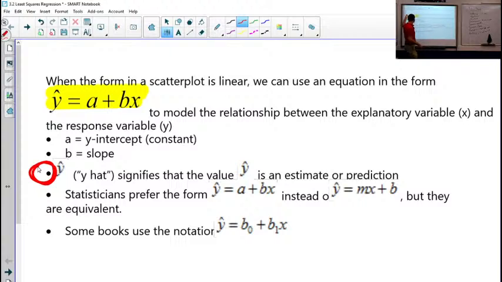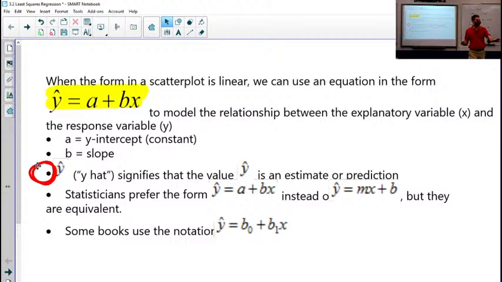But I want to talk about this point here. Y hat, which is this y with the little hat above it, is something that stands for to distinguish when we're talking about the y values that we actually put on our scatter plot and the predictions that we're making with our least squares regression line.